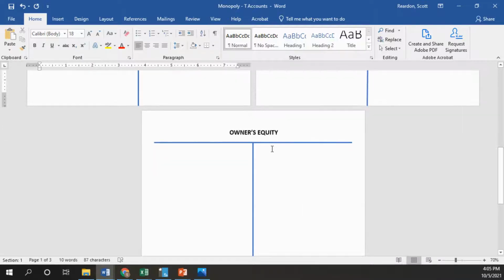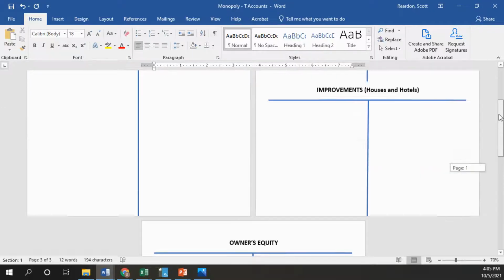You're going to have owner's equity credit. I'm going to say transaction number 1. Label your transactions, please. $2,000 credit. Transaction 1.